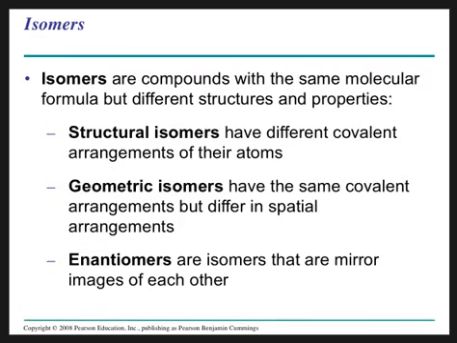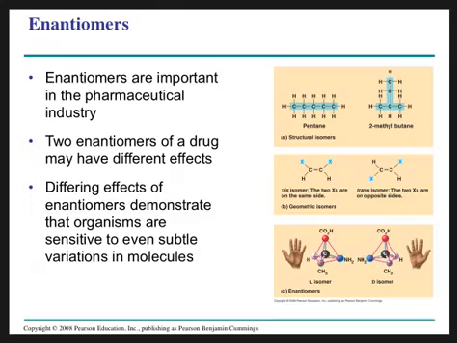Backing up one more time, enantiomers are isomers that mirror each other. So it's like your left and your right hand. They're mirror images of one another. And here's an example of an L enantiomer and a D enantiomer. Enantiomers are really important to the pharmaceutical industry because they are mirror images of one another, and two enantiomers can have very different effects.